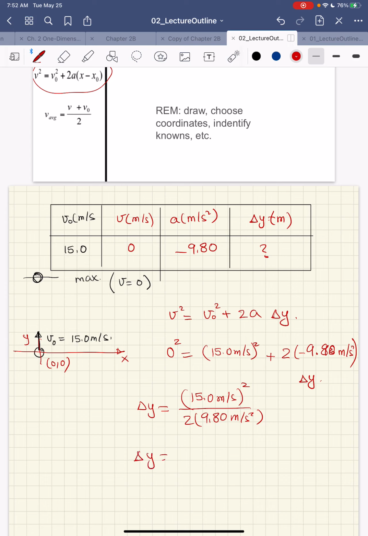The 2 here is an exact number that will not affect my significant figures rule. It is a built-in number in the equation. Then this is a plus 11 point, there are so many digits, but 11.5 meters for the sake of significant figures.